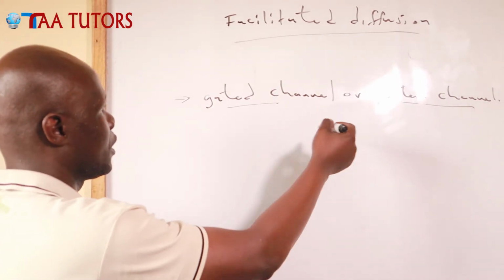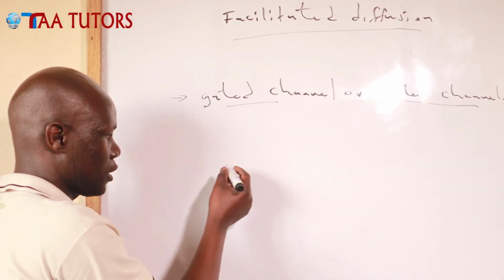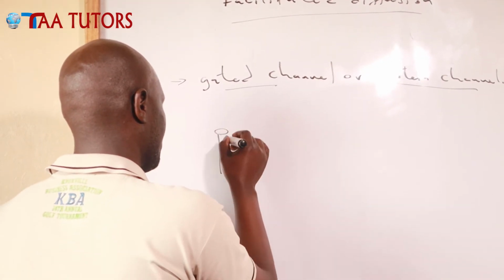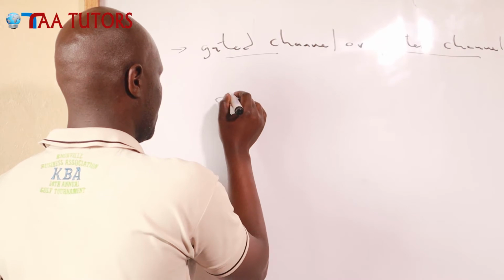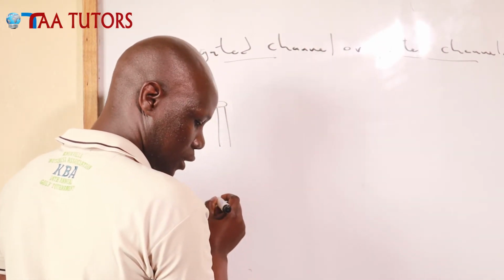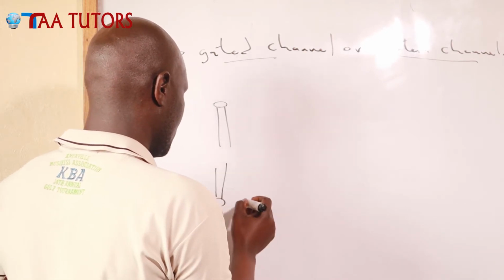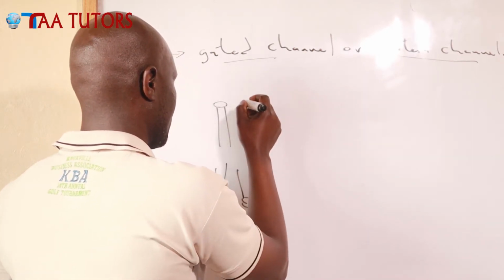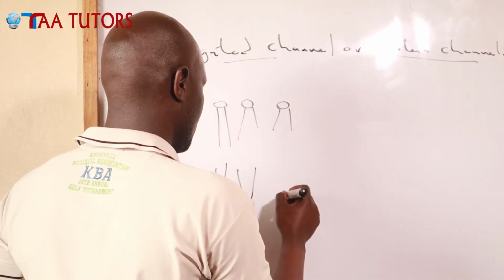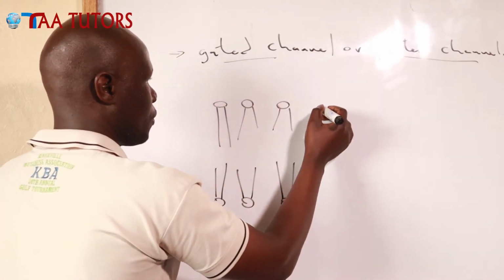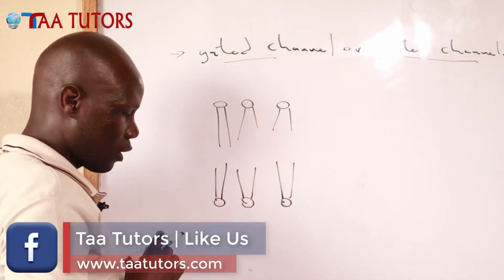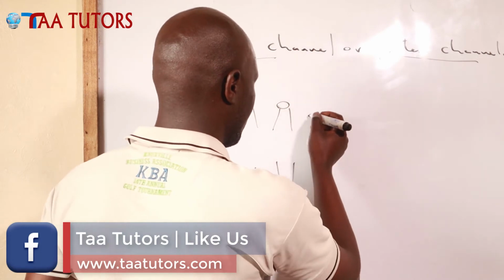Now if I refer you to the early cell membrane, remember the phospholipid layer, and we also have this one here. This is how the cell membrane may appear. I hope you are familiar with this structure up to now. So when we are talking about facilitated movement, along this membrane we can have a carrier.